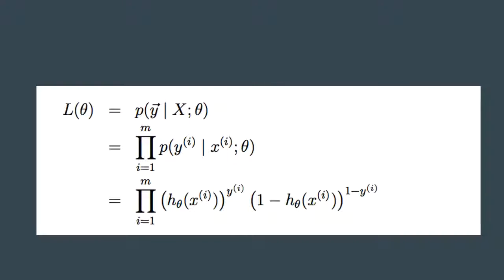Now, for our feature set, we have multiple such points. We want to find the probability that, given a certain set of thetas and all of our training points, we get the corresponding set of labels that we do. We're going to assume that we draw these sample points independently.